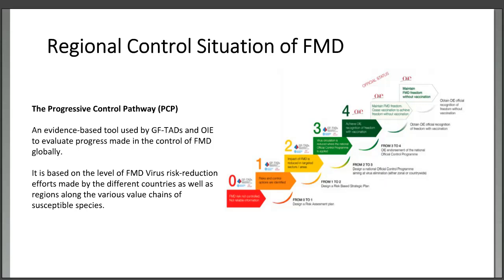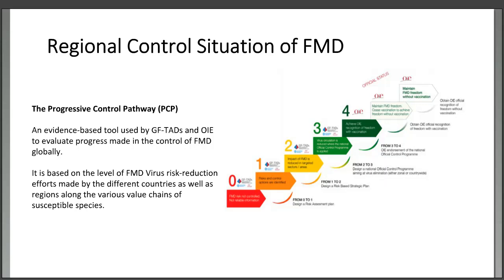Then the ones in red, because of one challenge or the other, had their free status suspended, like what is presently happening in South Africa. They are placed under suspension because of the recent outbreak recorded in South Africa. Then countries and zones without official FMD status are the ones in gray.